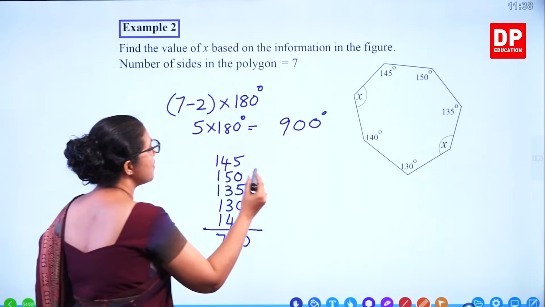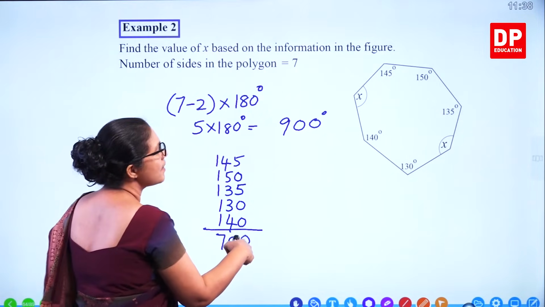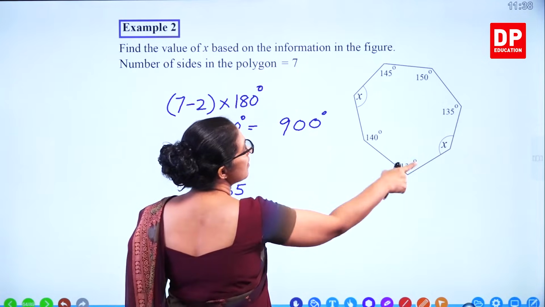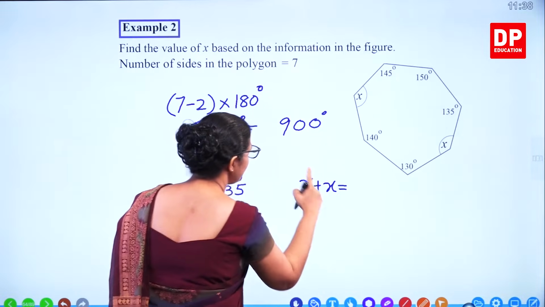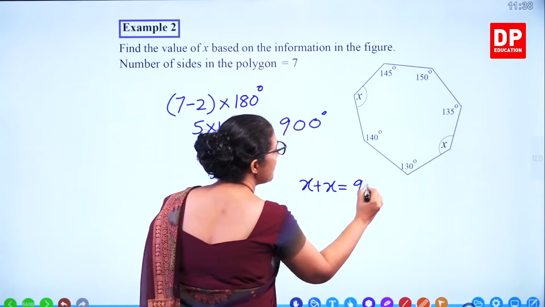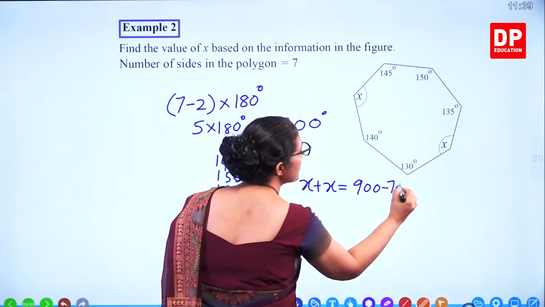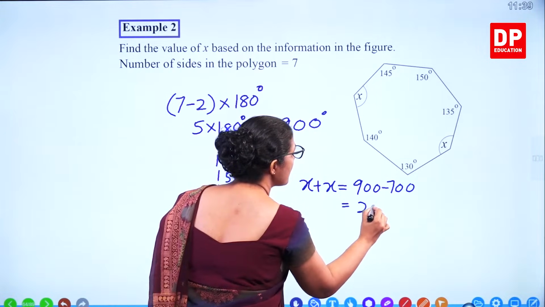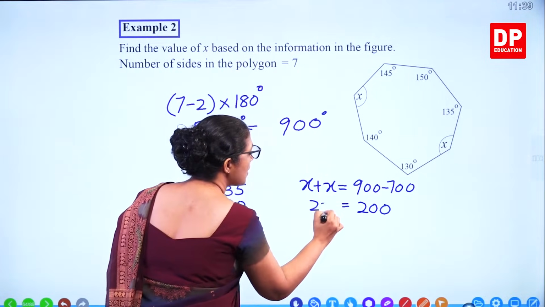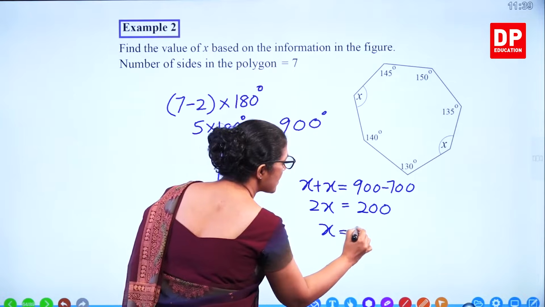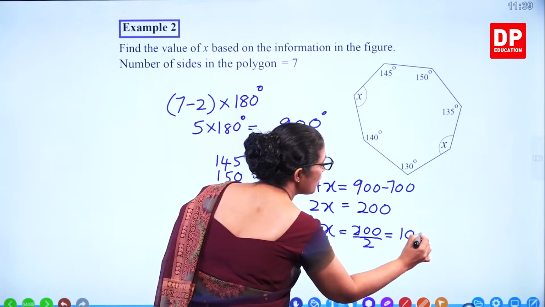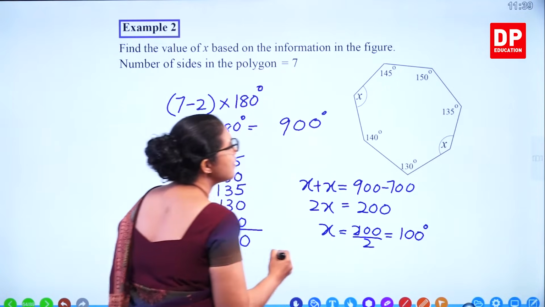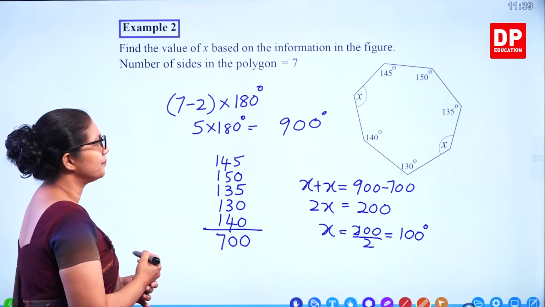So 900 minus 700, that's 2x. x plus x becomes 900 minus 700, that's 200. 2x becomes 200. So what's x? You divide by 2. So you get 100 degrees for x.